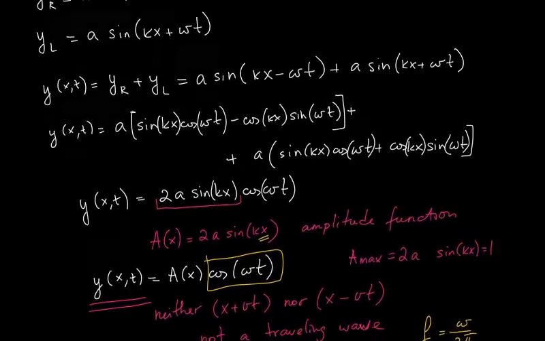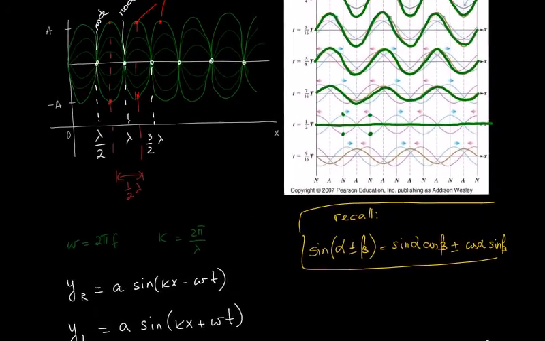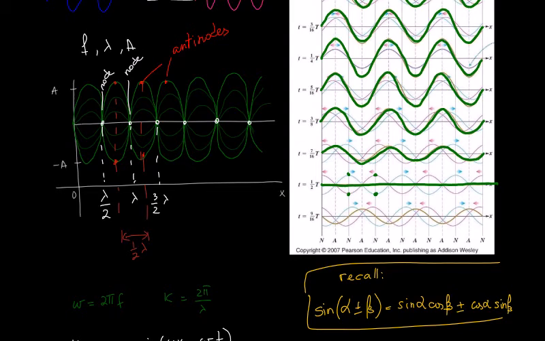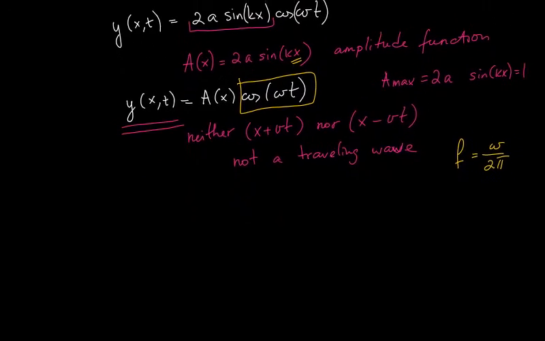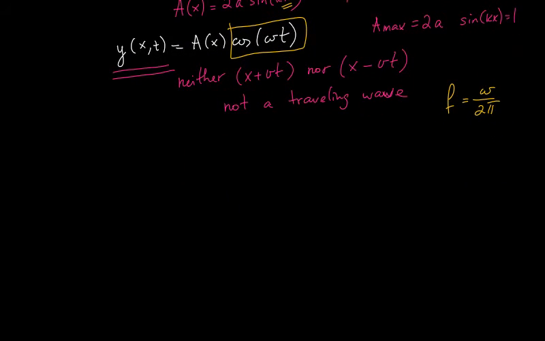So if we take a look back at our standing wave, we will see that at the nodes the amplitude is actually 0. To find the positions of these nodes, we just have to require that the amplitude function be 0. So let's require A(x) equals 2A sine kx equals 0. This can only happen when sine kx equals 0.